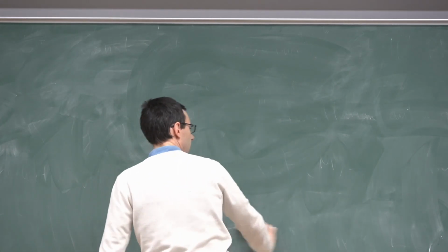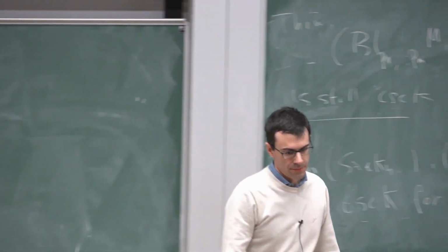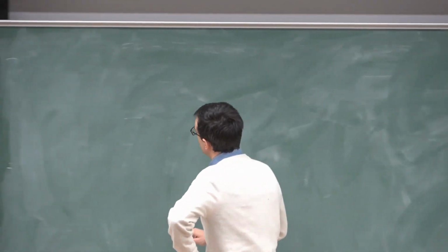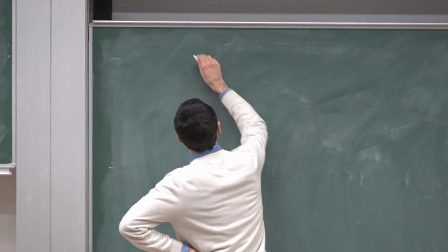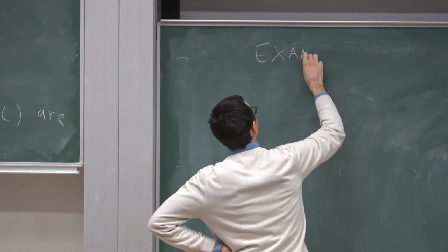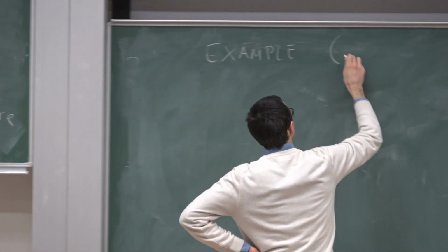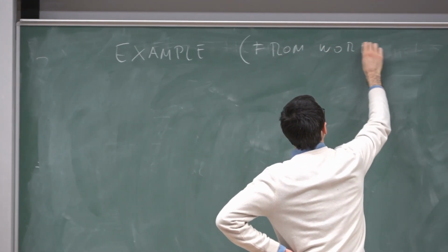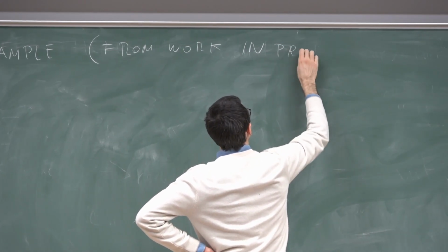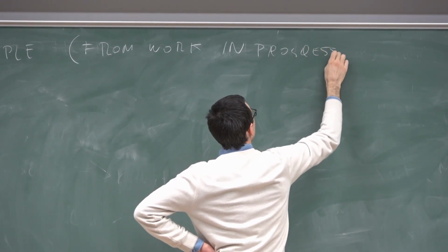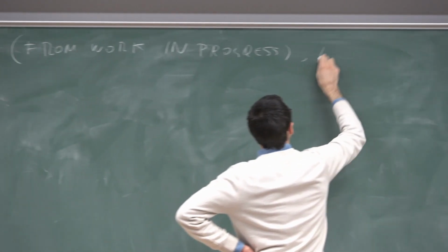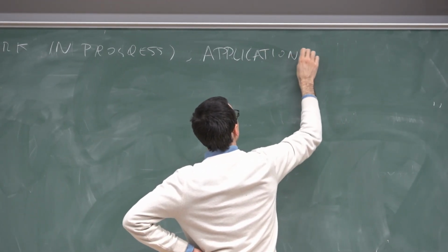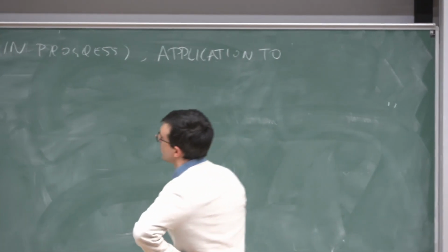So they would say something interesting in the example. And so I want just to very briefly mention some example, which is from some work in progress, which is an application to something called Landau-Ginzburg models.